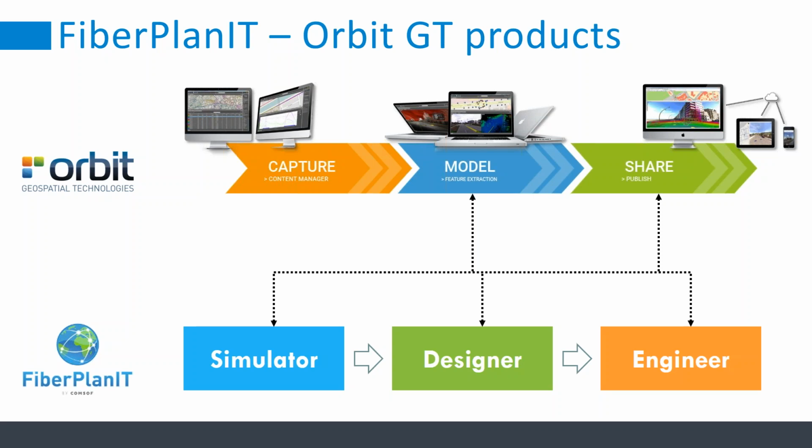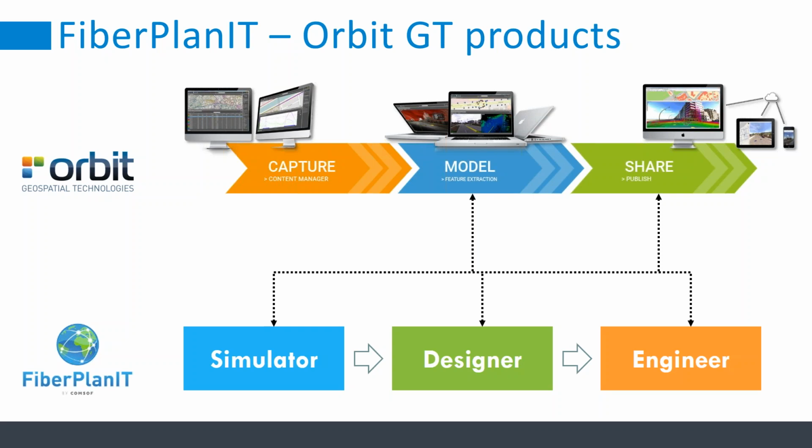The best example that I can give, and which I showed in the FTTx project workflow, is that design and survey go hand in hand. So the FiberPlanIT designer uses GIS data, which can be enhanced with mobile mapping data. With the Orbit solution, you can have enhanced GIS data.